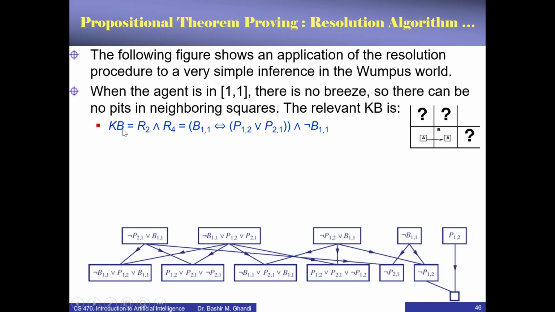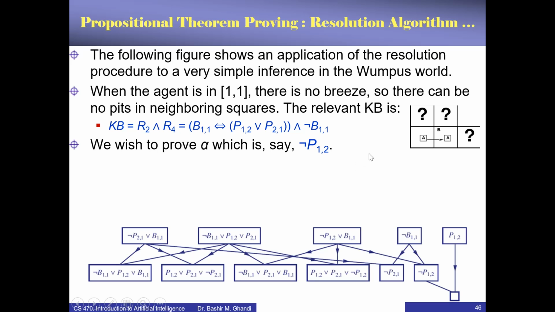So we can say that our knowledge base consists of R2 and R4, which is the same as there will be breeze in 1,1 if and only if there is a pit in 1,2 or a pit in 2,1. So this is R2 actually, and R4 is not B1,1, if you recall. Now we wish to prove that there is no pit in 1,2. There is no pit here.